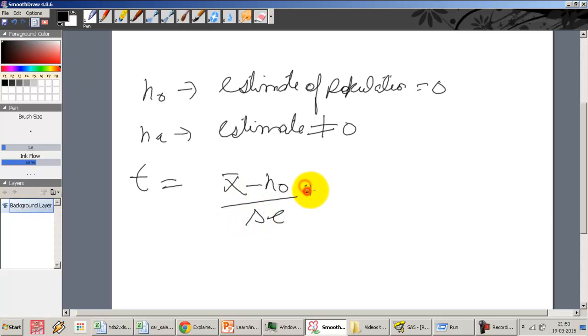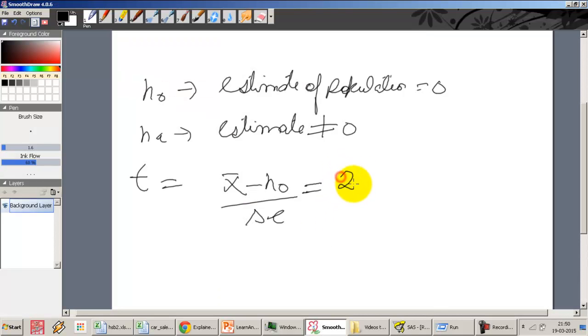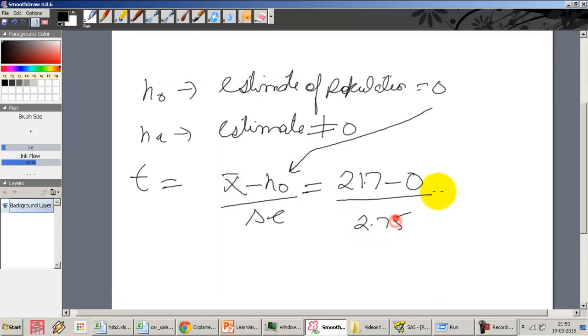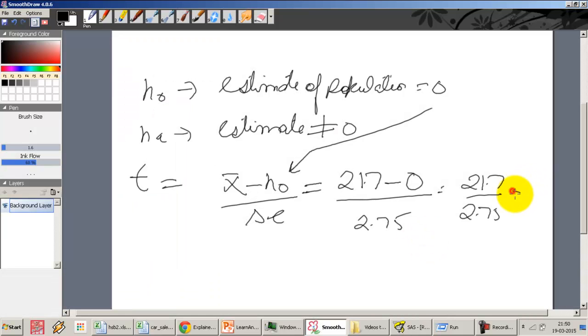In this case, the sample mean that we are getting for beta naught is 21.7. The hypothesized mean is 0, that is, the population value is 0, divided by the standard error. The standard error in this case is 2.75, so the t value essentially becomes 21.7 divided by 2.75, and if we look at it, the t value comes out to be 7.88.